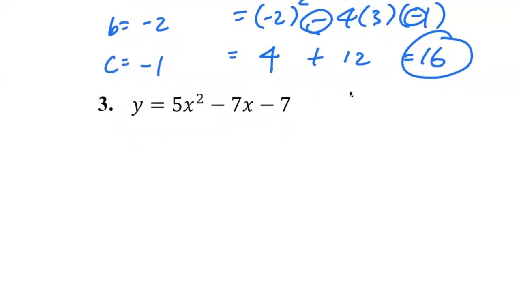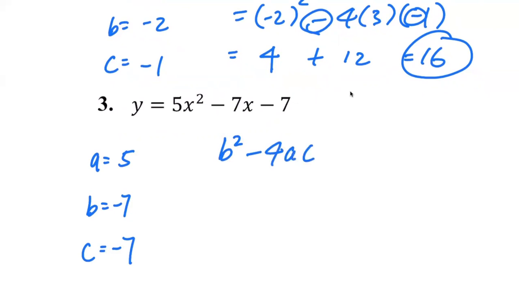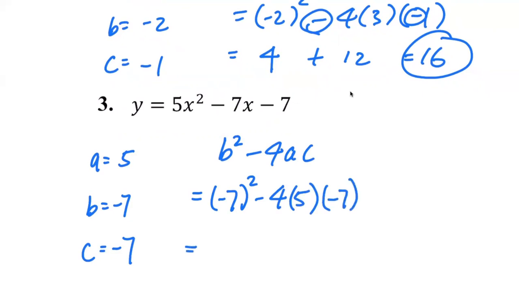Same thing right here. A is 5, B is -7, and C is -7. And here, look at C, it's negative. So we can actually say one thing for sure already, which is that there will be two real roots.